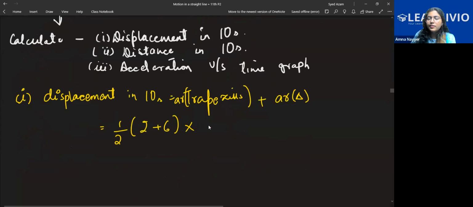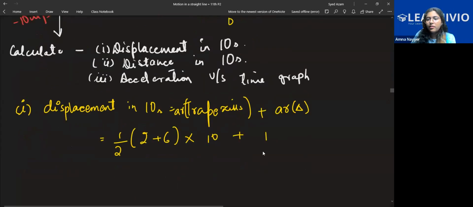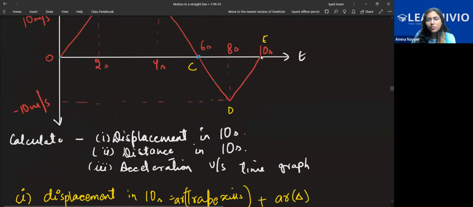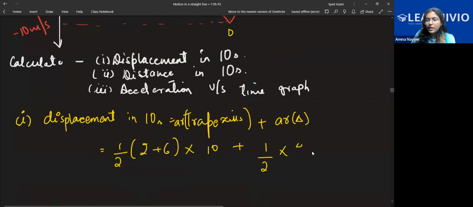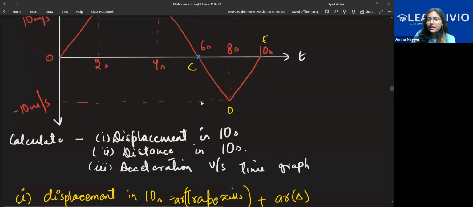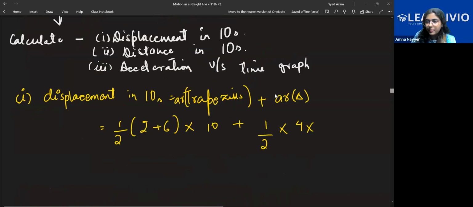Into 10, plus the area of the triangle. The triangle will be half into base. The base is this, so 10 minus 6, this part is 4, into height. Now look, automatically we are getting minus 10 here. The height is minus 10, so take it as minus 10 because this is displacement. Into minus 10.